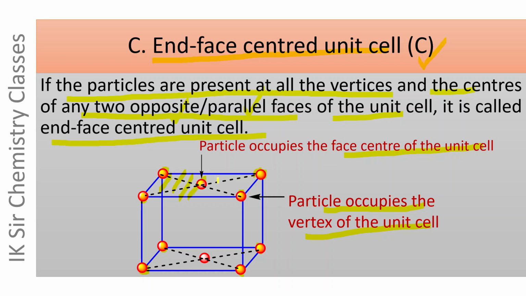The center of this face is here and it is occupied by particle. At the same time, its opposite face, that is parallel face, also contains a particle at the center. In this unit cell, all the 8 vertices are occupied by particles and centers of 2 opposite or parallel faces are also occupied by particle.